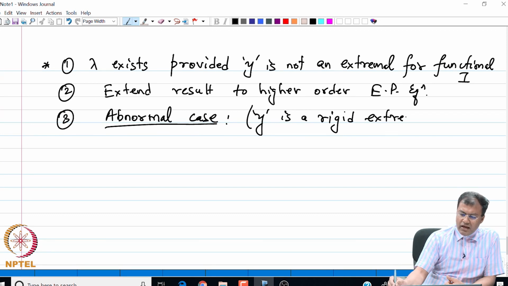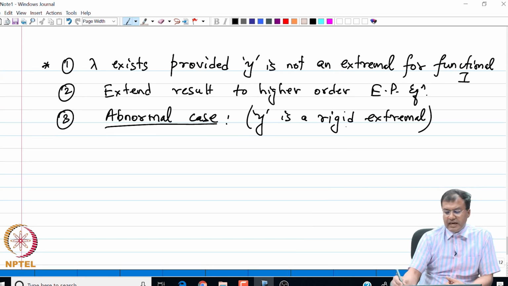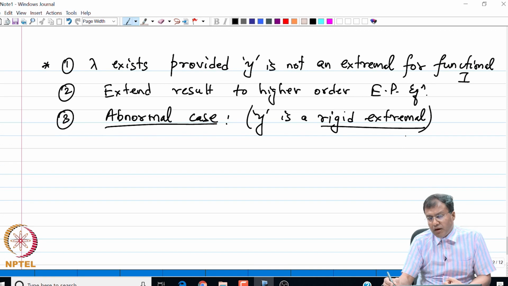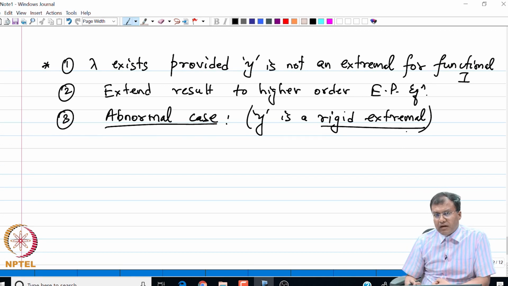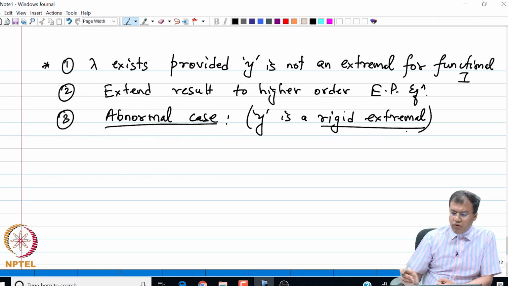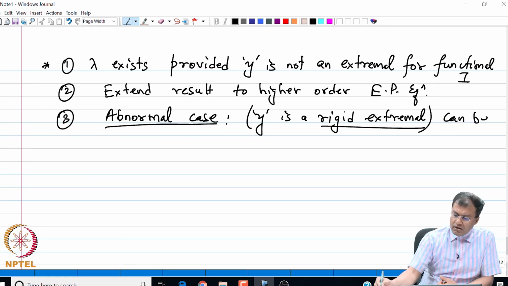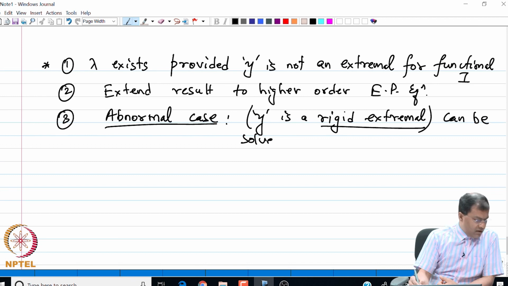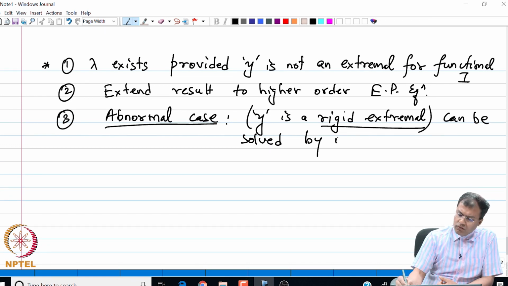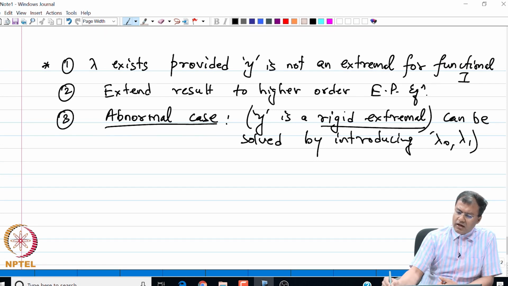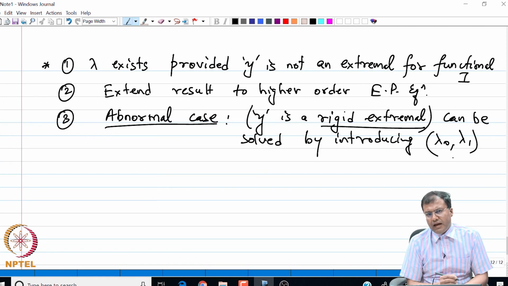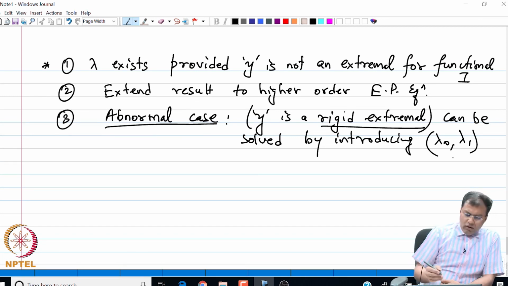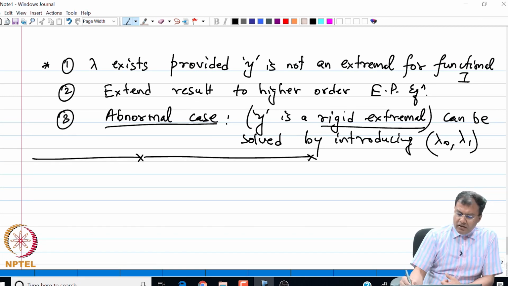When I say rigid extremal, it means that y is an extremal for the isoperimetric constraint I of y. So the abnormal case can be solved by introducing a set of two constants, or two Lagrange multipliers, lambda 0 and lambda 1. Okay, so let us quickly look at an example in this category.